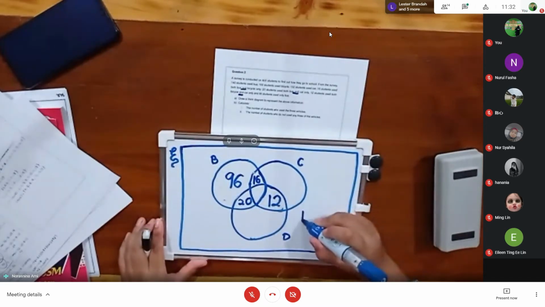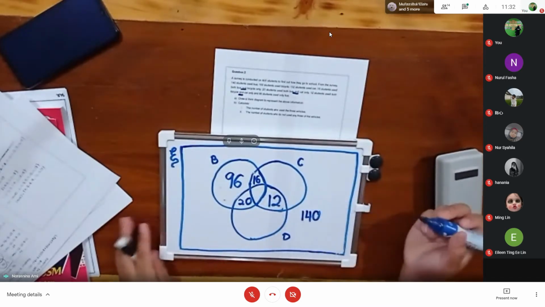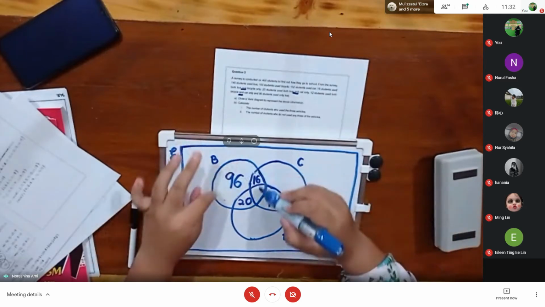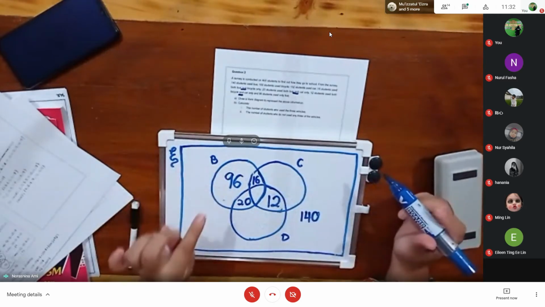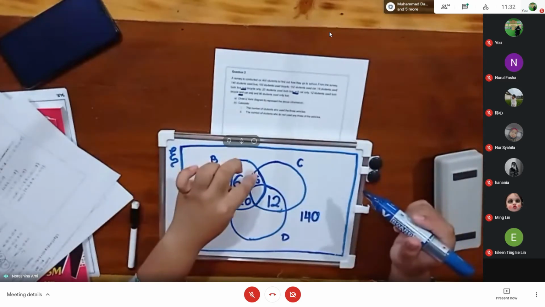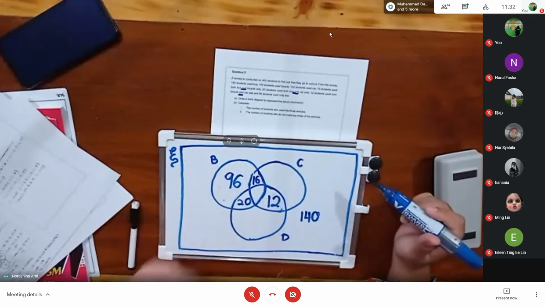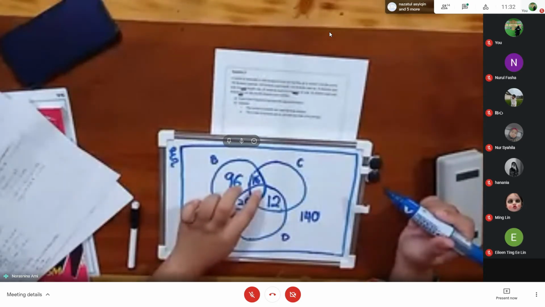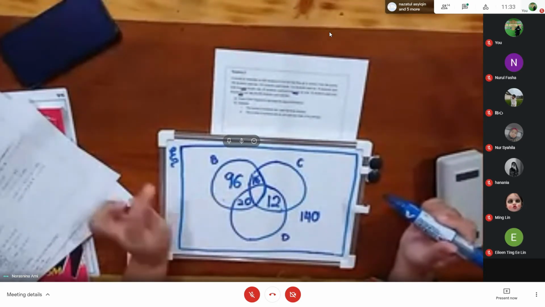So 140, minus 96, minus 16, minus 20, then the leftover will become this part.